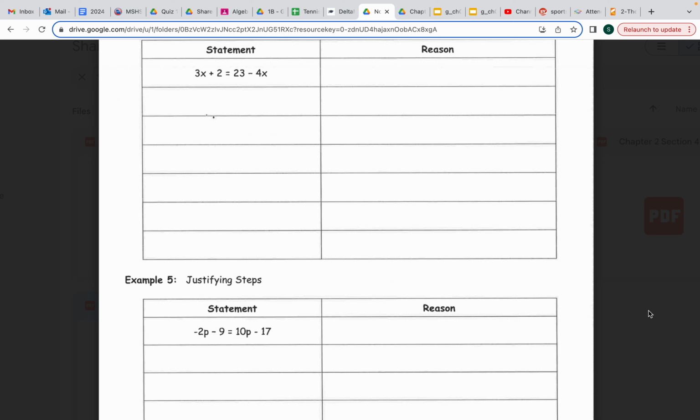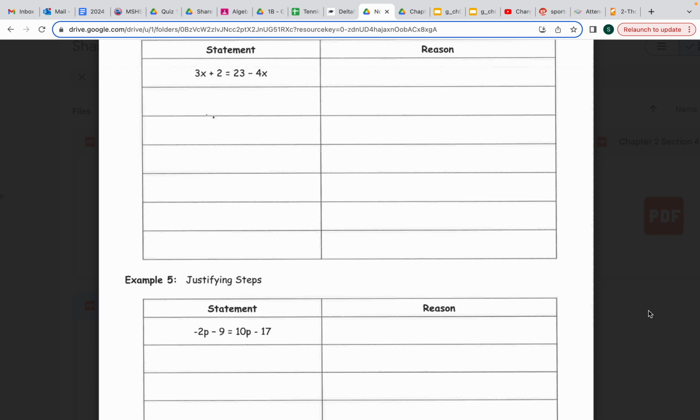What can be one of my first steps? Because there's a couple different ways we can approach this. Subtraction property, what are we subtracting? Yeah, we can subtract the 2 first, okay? So I'm subtracting 2 on both sides. I can show that step and say subtraction property and then put my answer on the third one and then put simplify.